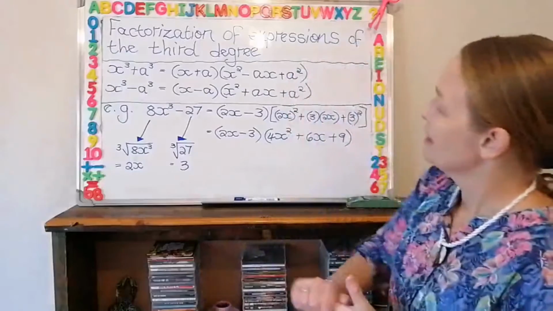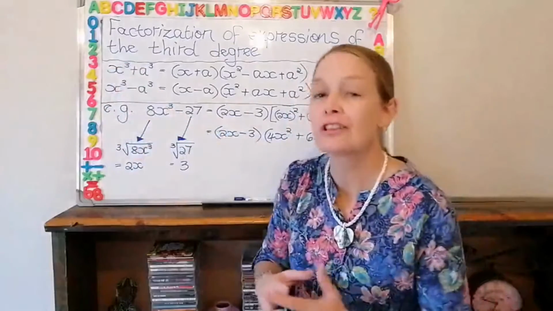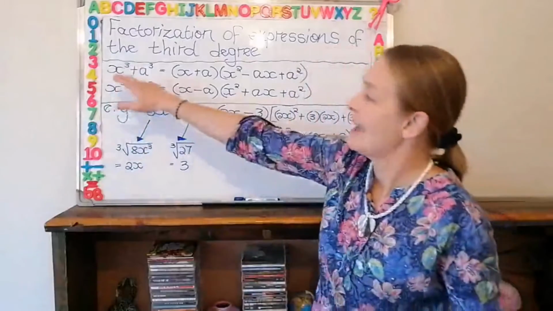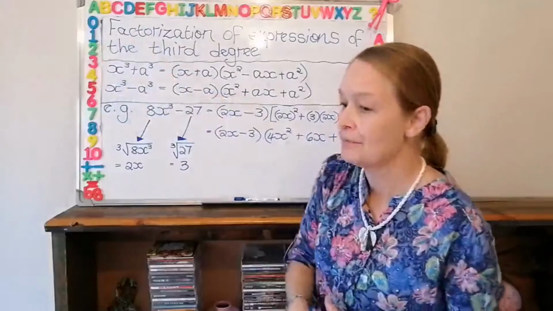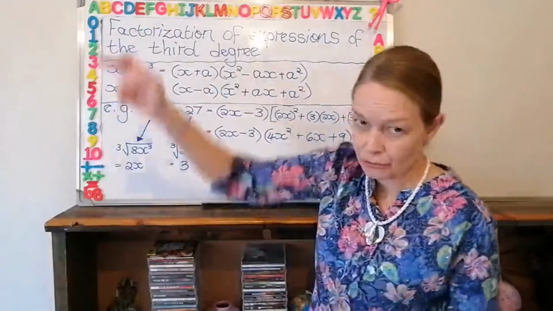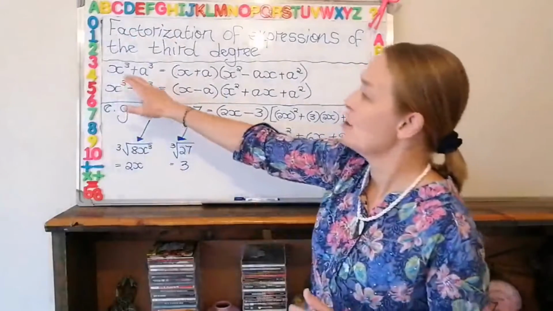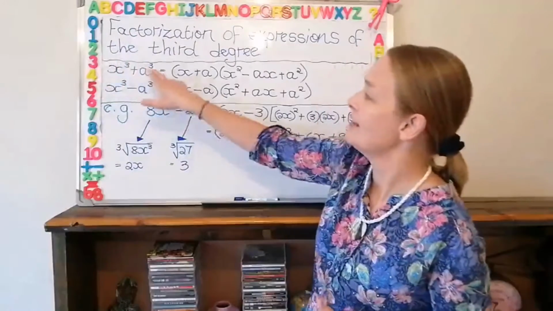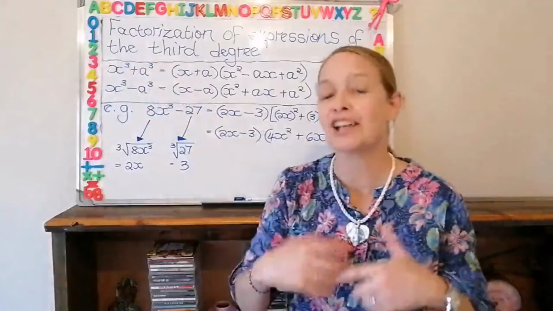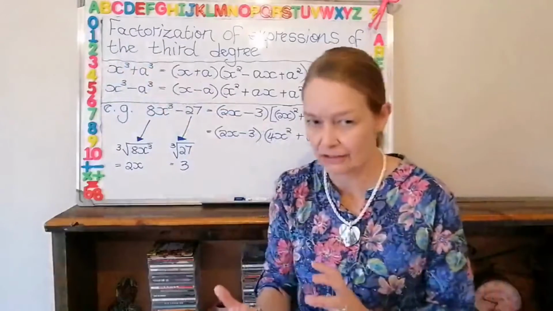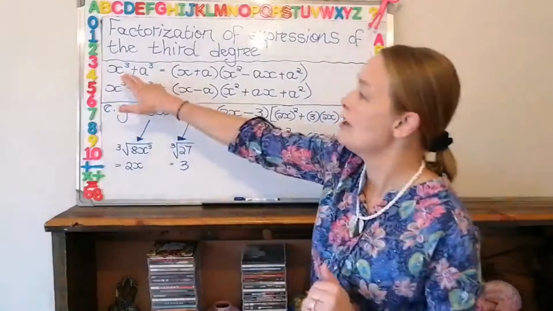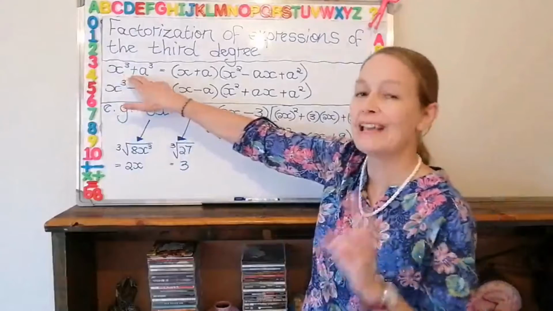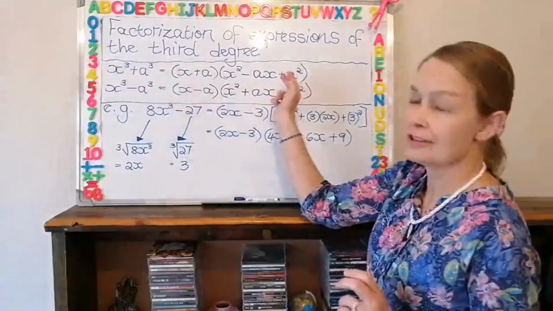Right. So when we have expressions to the third degree, such as the following: x to the power 3, plus a to the power 3, then we have this term, and the second term usually is a constant term without an x, without an unknown. So when we factorize these, we will end up with two brackets.